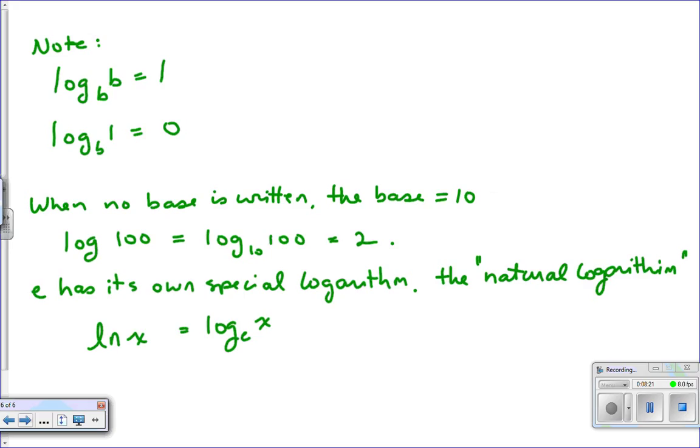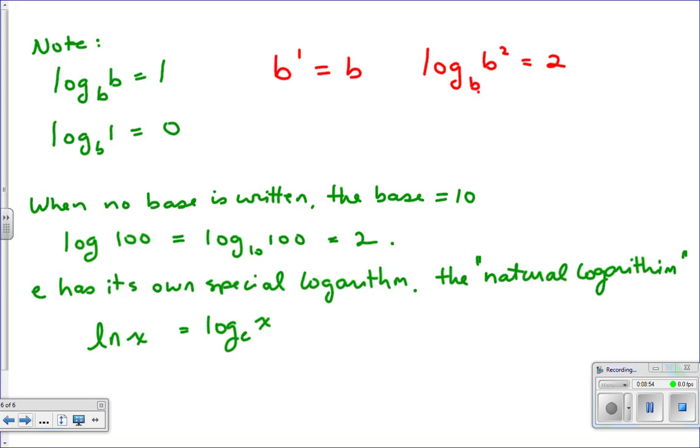Now, a couple of notes about logarithms before we finish. The log base b of b is equal to 1. That makes sense because b to the power of 1 is equal to b. Okay? So we could extend that further and say something like the log base b of b squared is going to be 2, since b squared is equal to b squared.